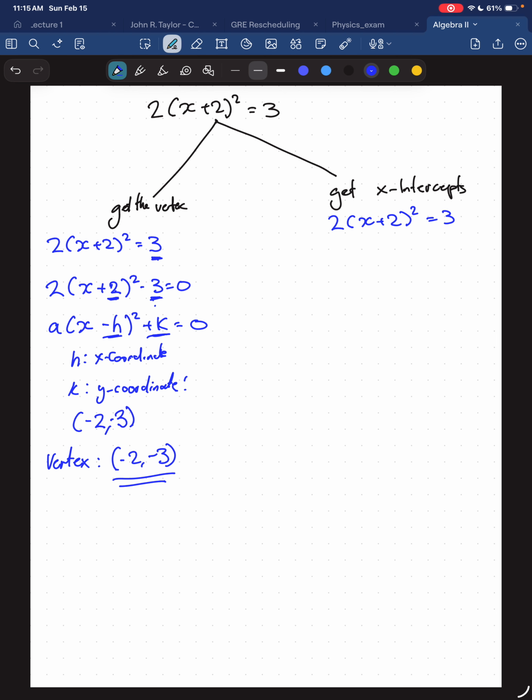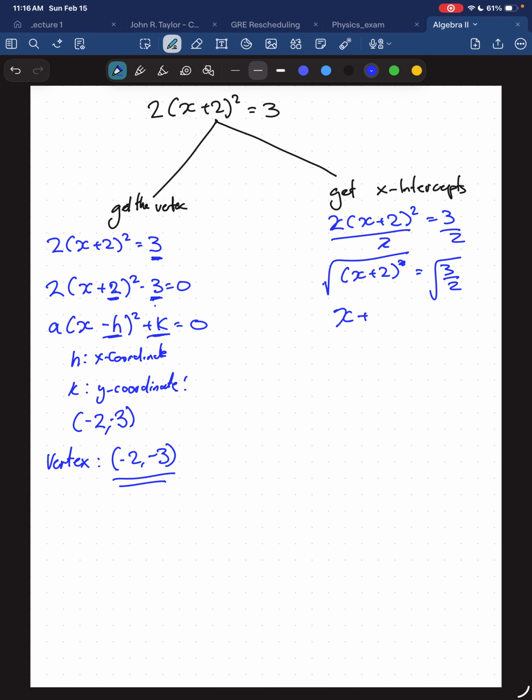From there, to get the x-intercepts, all I'm doing is solving for x. So I'm going to divide both sides by 2. Cancel that. x plus 2 squared equals 3 over 2, right? I can square root both sides to get a free x. So the square root cancels out the square.